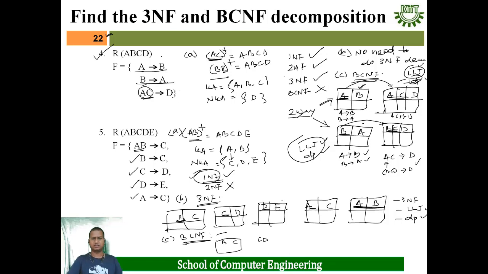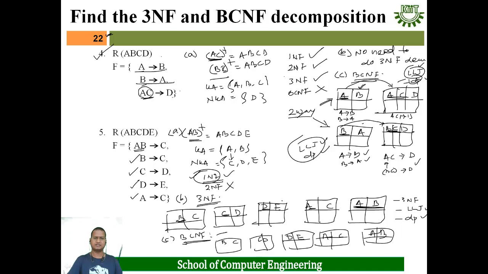For CD we have to create another table. For DE we have to create one table. For AC we have to create one table. And for AB we have to create one table. That means this decomposition is the same as the 3NF decomposition. So BCNF decomposition is the same as 3NF decomposition.